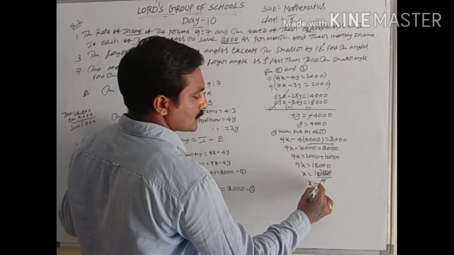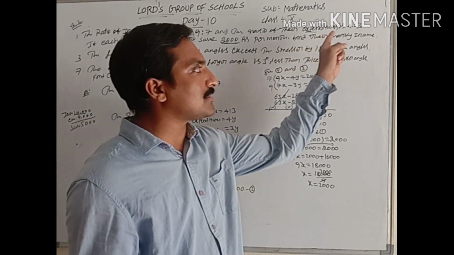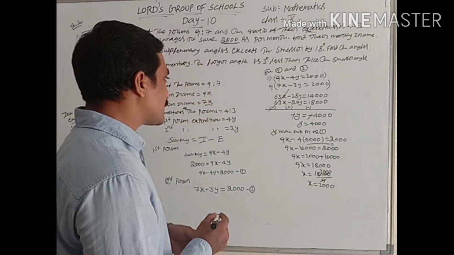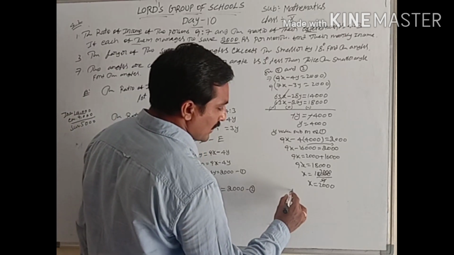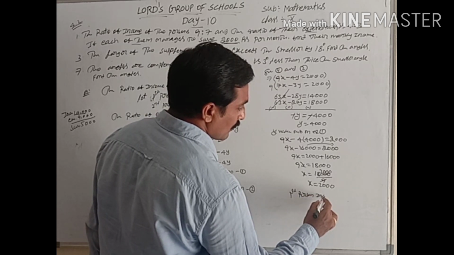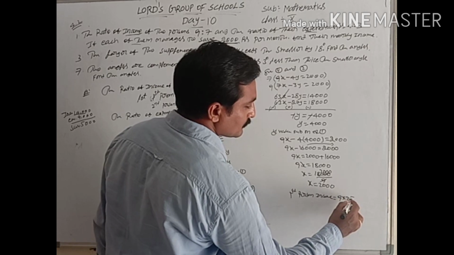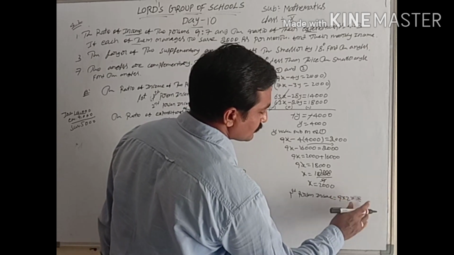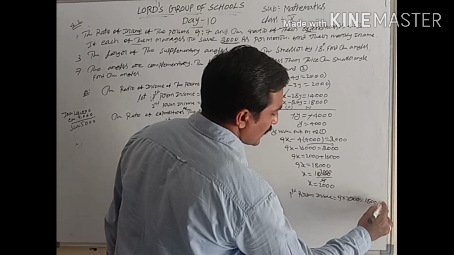X value is 2,000. In the question, what did they ask? Find their monthly income. Monthly income means only the x value is required. So the first person's income, 9 into 2,000, is 18,000 rupees.